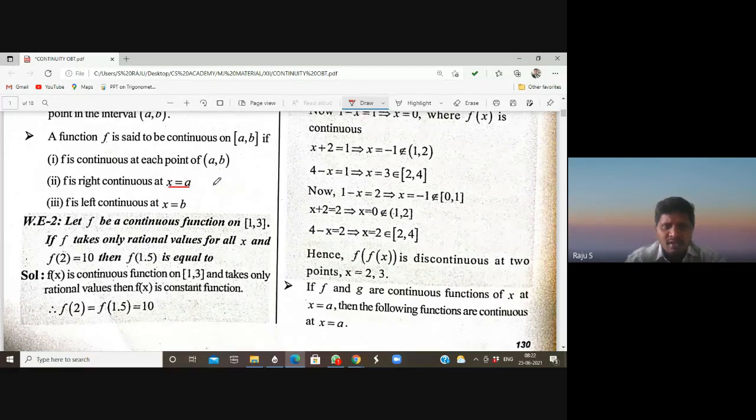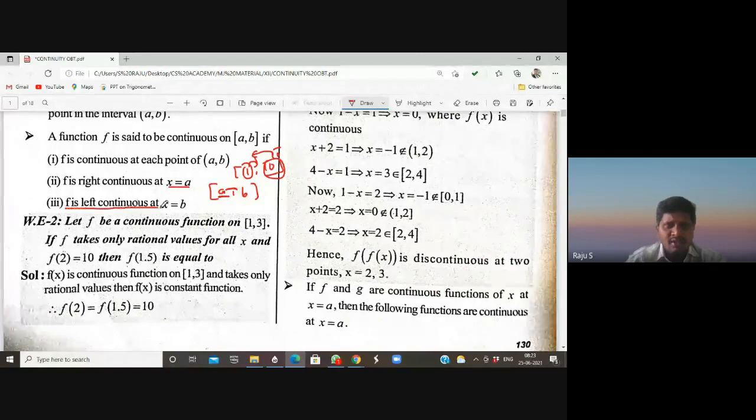See, f is right hand continuous, nothing but at a and more than a in the interval. If I take 1 to 10, the function is continuous at 1 as well as 1 plus, nothing but right hand continuity of 1, 2, 3, 4, 5, 6, and the function is continuous at 10 as well as 10 minus. 10 minus means left hand continuity, left hand values like 9, 8, like that.